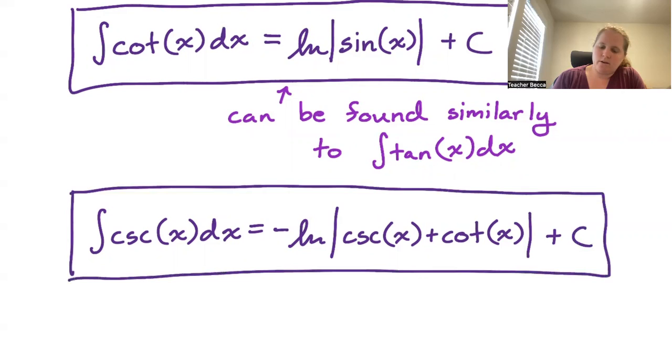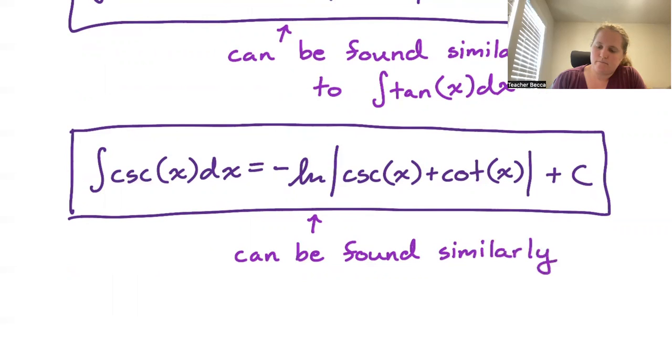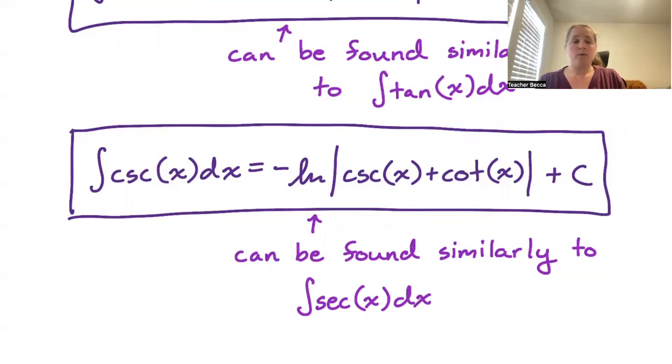And again, this one can be found similarly to the integral of secant x dx. So as you saw with secant, u substitution is not always obvious. Sometimes it requires some weird manipulations to make it appear. But u substitution is a very useful trick for finding a variety of integrals.